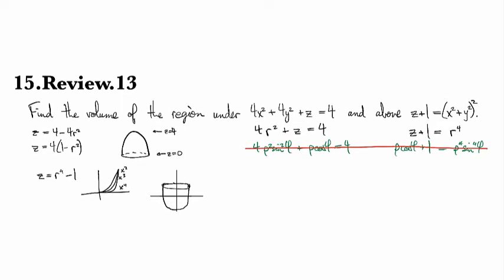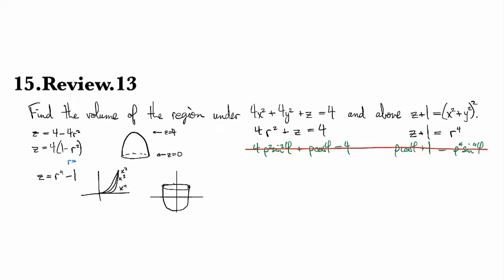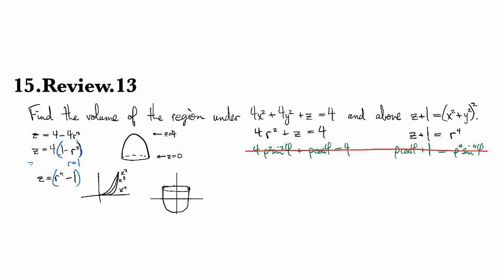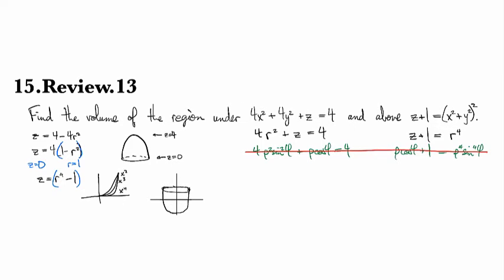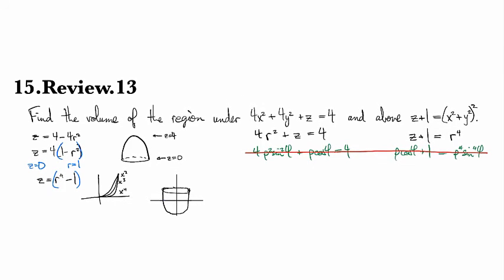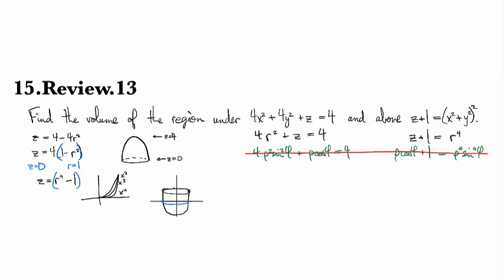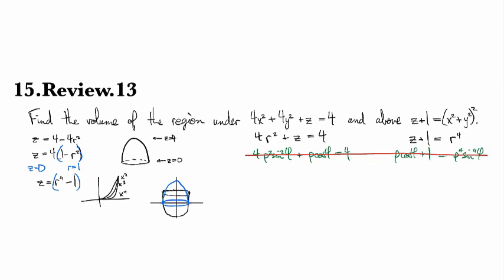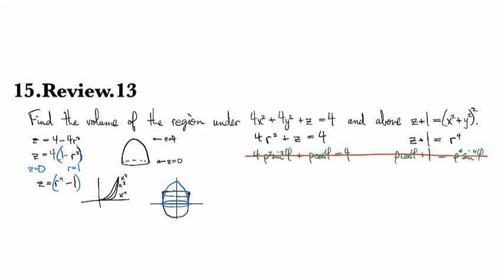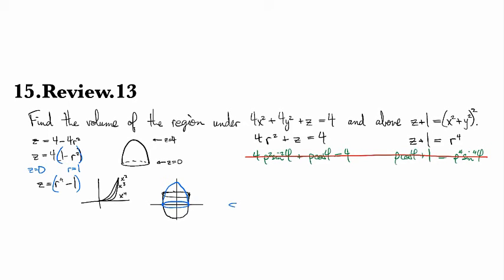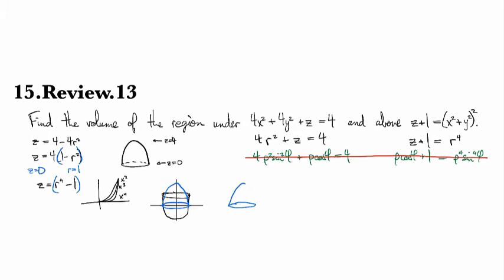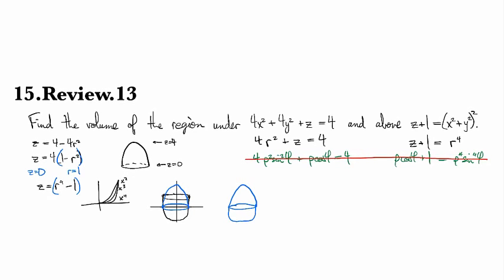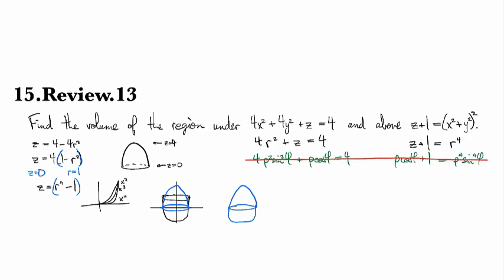So when we put r equals 1, this becomes 0 and this becomes 0, so we get z equals 0. So that tells me that they intersect in the circle of radius 1 right here. All right, so there's our eggy. Let me draw a slightly better one. Something like this.